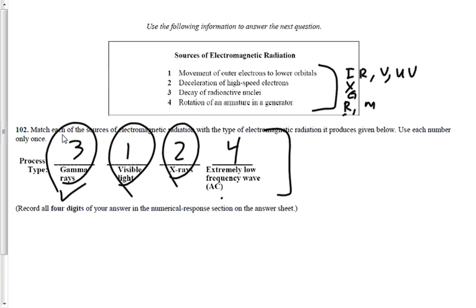There's an AC current that generates radio waves, but the wave is just a really, really low frequency radio wave produced by an alternating current. But in the end it didn't really matter, because we knew that one had to be number 4 anyways, regardless of the terminology, because of the other ones: 3, 1, 2. All right?